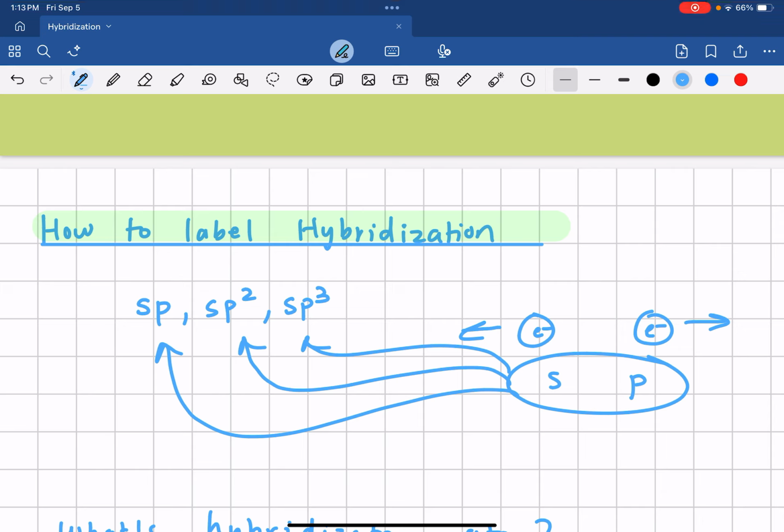And I also want to mention that lone pairs count too, because they take up as much space, sometimes even more than bonds.